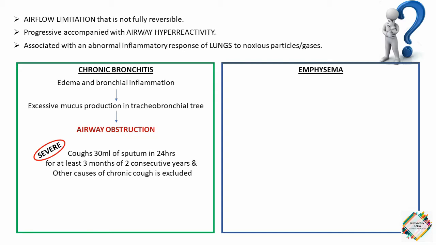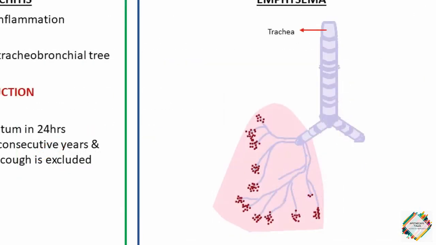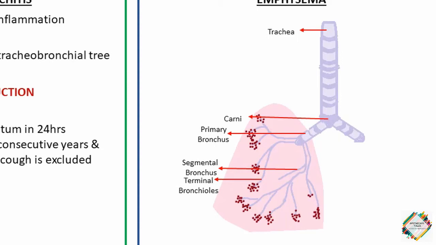The next one is emphysema. So what happens in emphysema? First, let's look at the simple anatomy of the lungs. It consists of the trachea, which divides into the right and left primary bronchus at the carina, then the segmental bronchus, and finally the terminal bronchus, which has alveoli at its distal part.